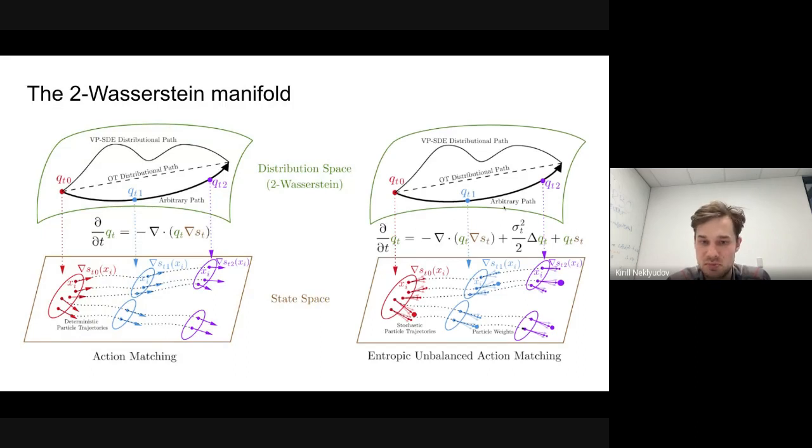And this is the picture for the stochastic case. Here the equation has a stochastic term and a growth term, and as we discussed here, you can have multiple paths. So that's, I think, our main intuition, and this picture also motivates why the loss should look like this: we assume that the path is drawn on the manifold of distributions, and we actually learn the vector fields from the tangent space.